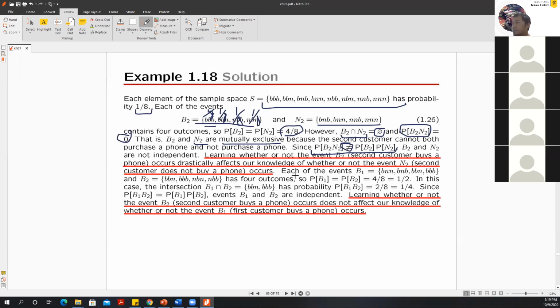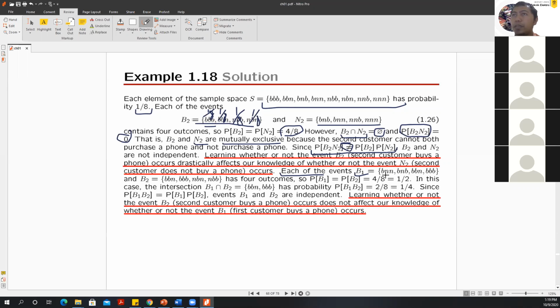Any question? Please write in the chat box. And let's move forward. For the events in B1, first we identify the members of B1.